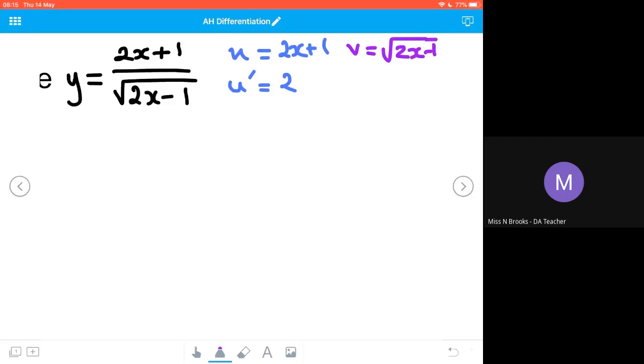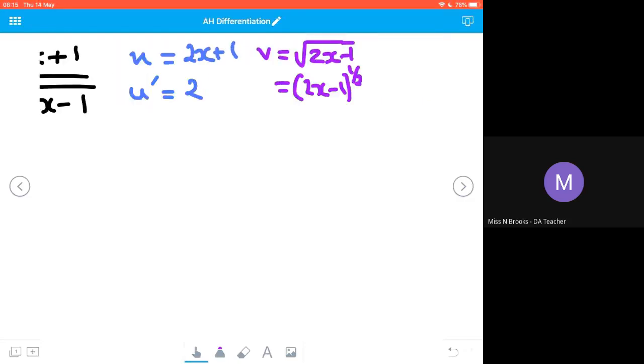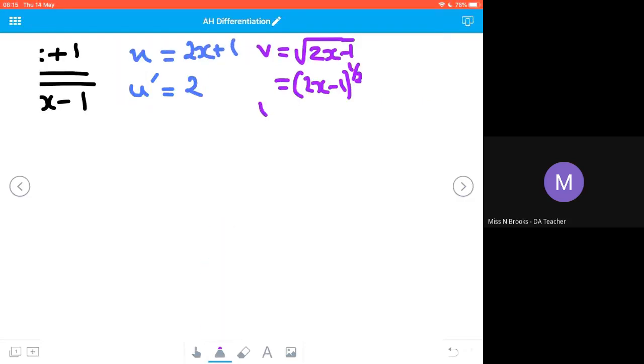Now that's not in a differentiable format, so I'm going to have to rewrite it as 2x minus 1 to the power of a half. So now I can differentiate v. So v prime is going to be a half multiplied by 2x minus 1, and we're going to lower that power by 1, so it'll be negative a half.